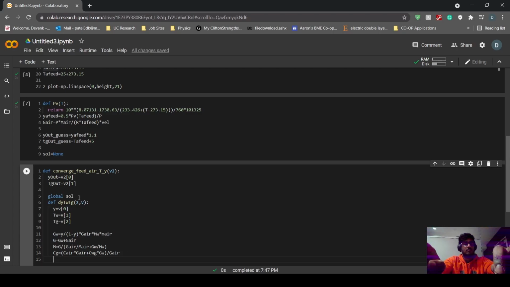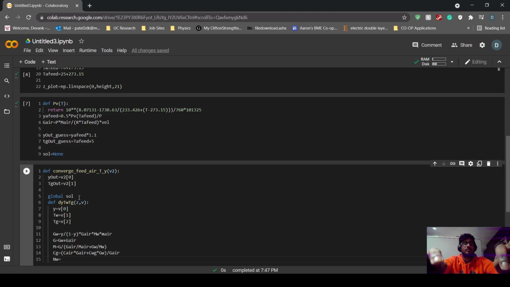And now we're going to define NW, which can be our molar flux of water. We've used this equation in our derivations of the differential equations on the whiteboard. We just have to redefine it in the code, and we're going to be using this later on, so it's just easier to define it as a variable.